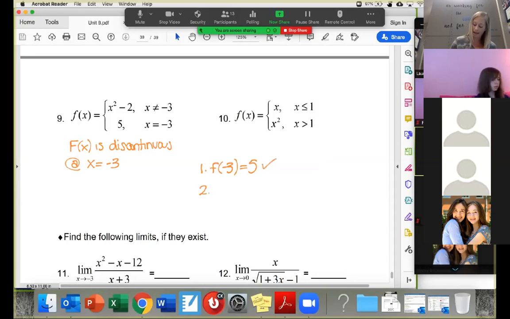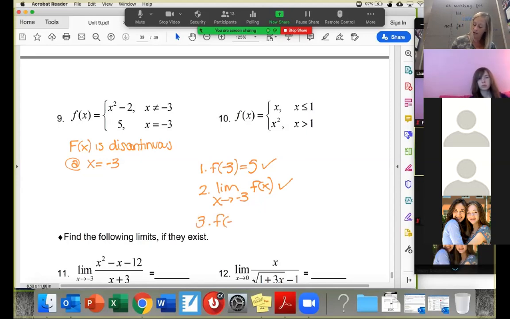Two, if I looked back at that graph, do I have a limit as x approaches -3? I would track in the quadratic from the left and from the right, and I don't necessarily know the number, but yes, we have a limit at that point because both the left side and the right side of the quadratic come into the same place. Now, here's the third check mark item.